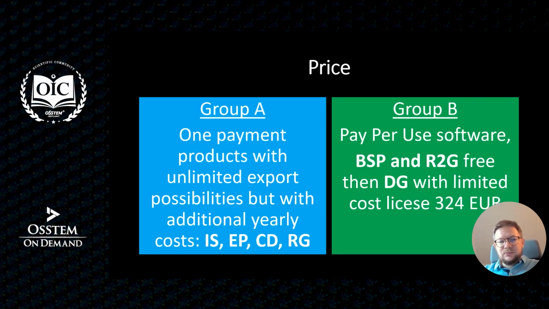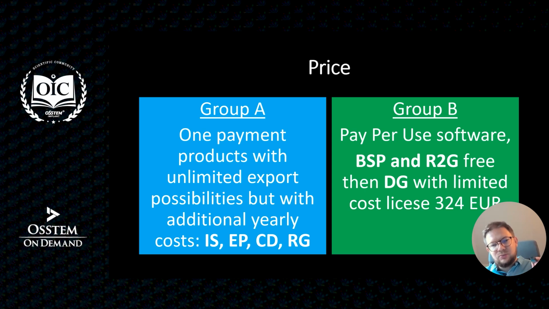And going to the analysis, the pricing is quite complex. That is why I divided the softwares we checked into two groups, Group A and Group B. Group A is one-payment products with unlimited export possibilities. So we pay for the product, then we mostly get some USB device, a dongle.